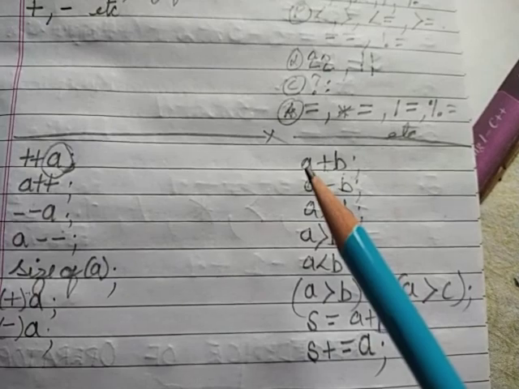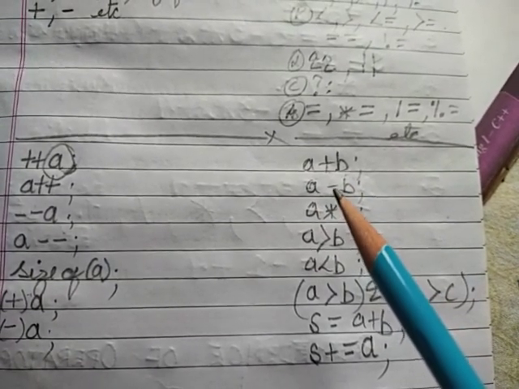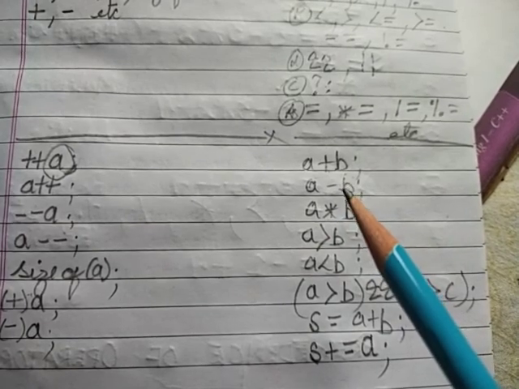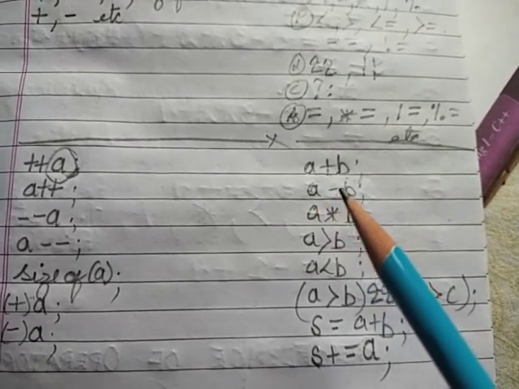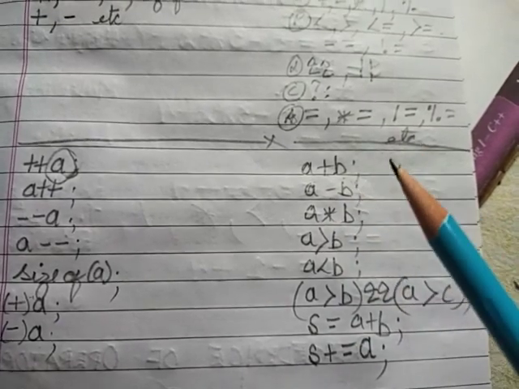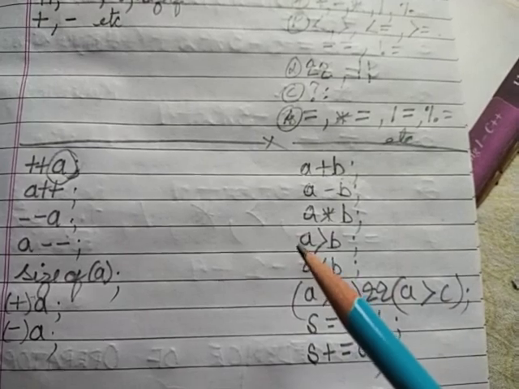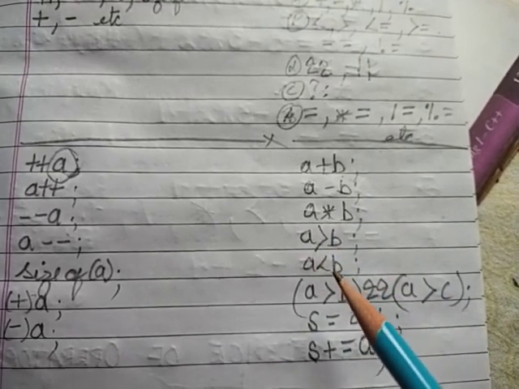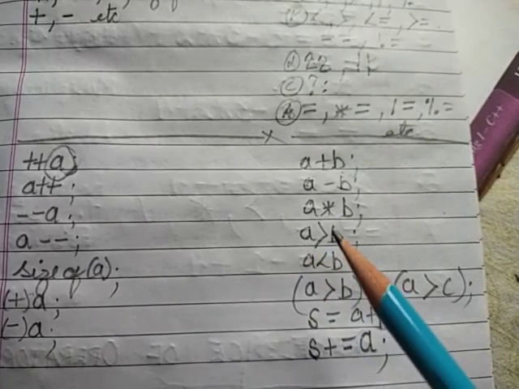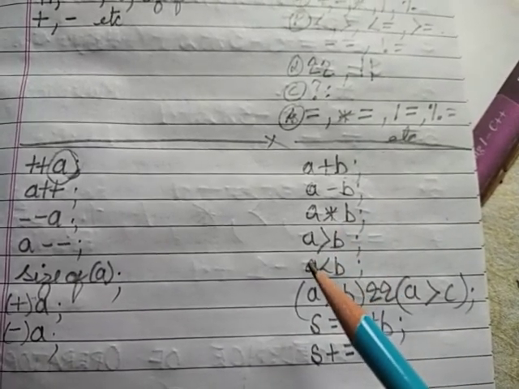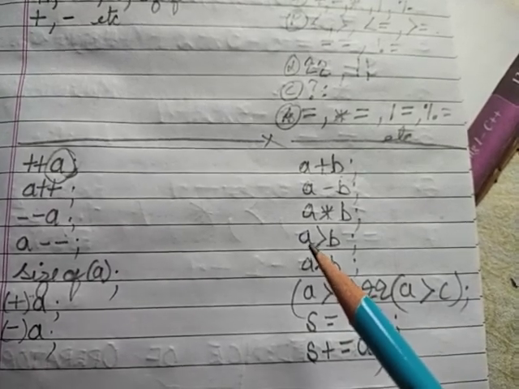We can add the value of a and b, and minus over here is not to indicate that the value of b is negative, but we subtract b from a. Apart from the arithmetic operators, we also have relational operators like greater than and less than symbols. If I need to compare the values of a and b, I use the relational operator greater than.